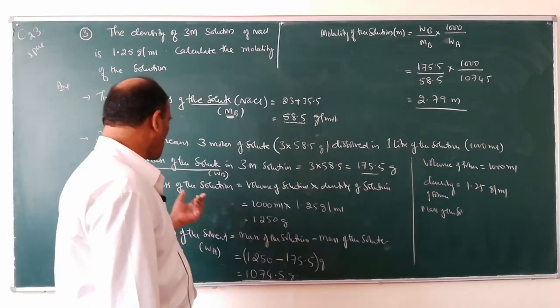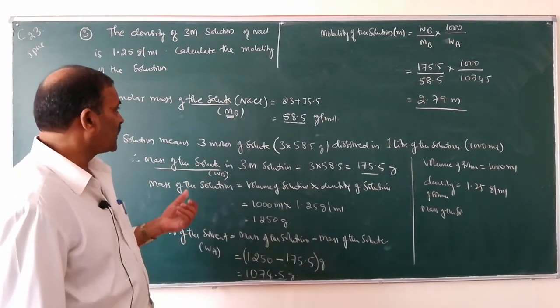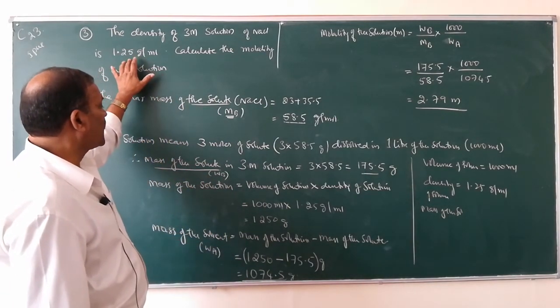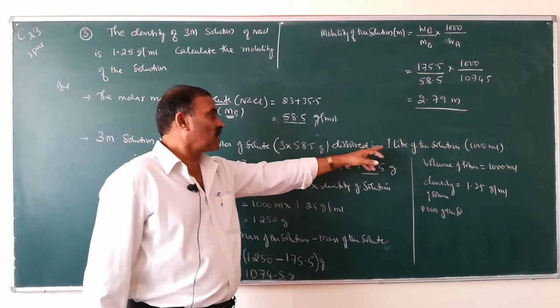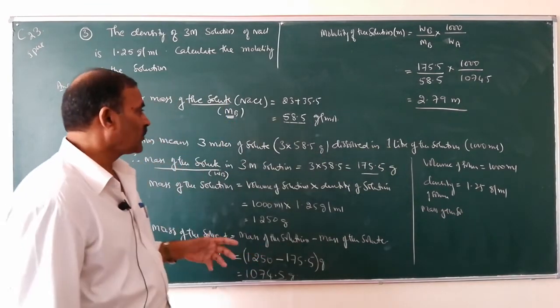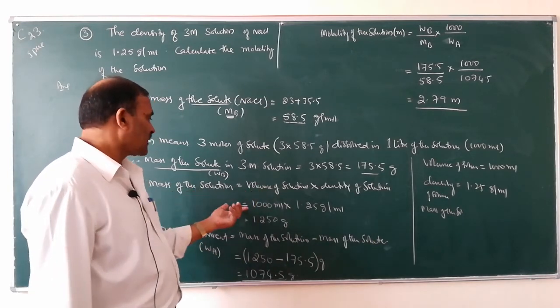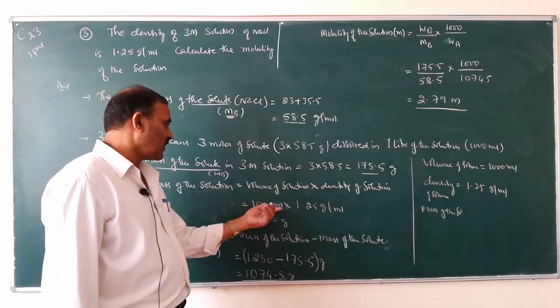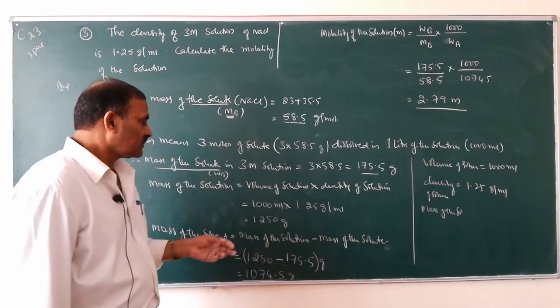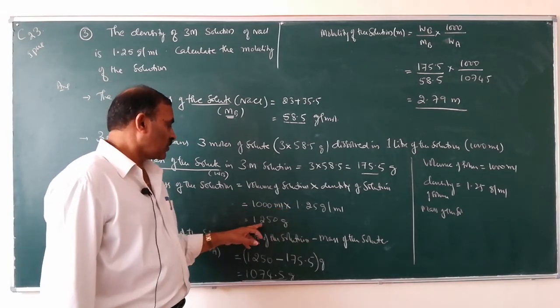So for the mass of the solution, the density is given and the volume we know is 1 liter. If you multiply density with volume, you will get mass of the solution. 1000 ml into density gives 1250.